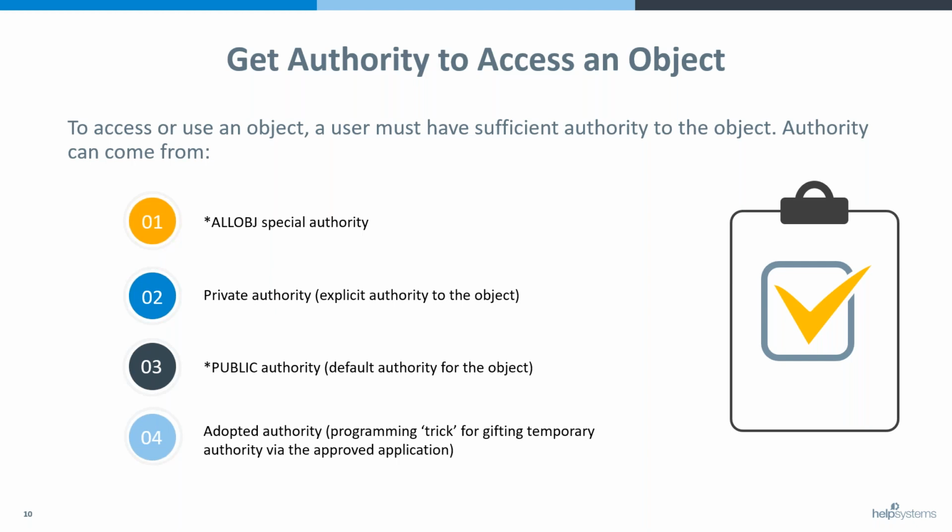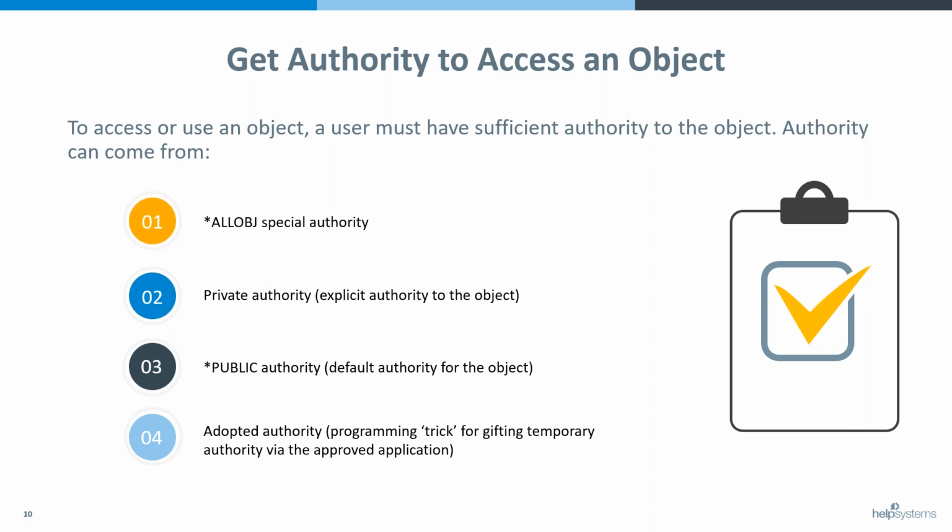And as a reminder, one of the slides that we covered in part one were the 4 key areas where users can gain permission. All object special authority. We have private authority. As a reminder, that was named or explicit permission to an object. We had public authority, which was the default assigned authority that's given to anybody who's not qualified or disqualified by numbers 1 or 2 above.